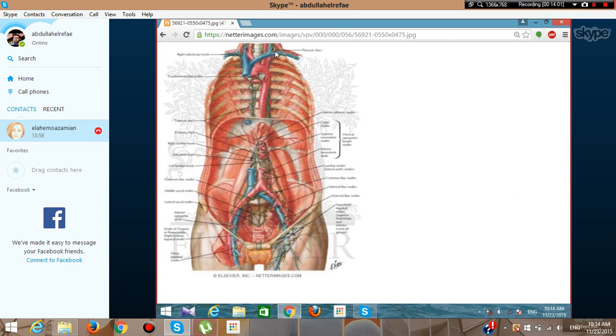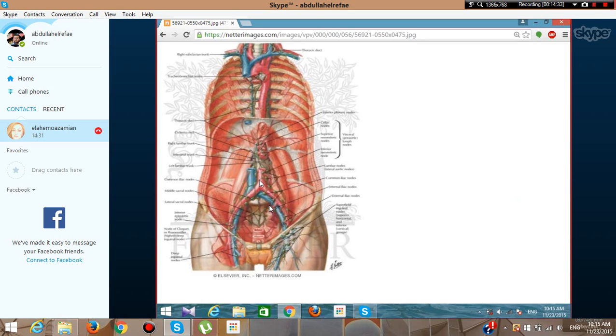Okay, so from lower limb drain into external iliac nodes, pelvic region into internal iliac nodes. These two form common iliac nodes, right? You have both on right side and left side. And then you have lumbar nodes, which are on lateral side of the aorta and inferior vena cava.